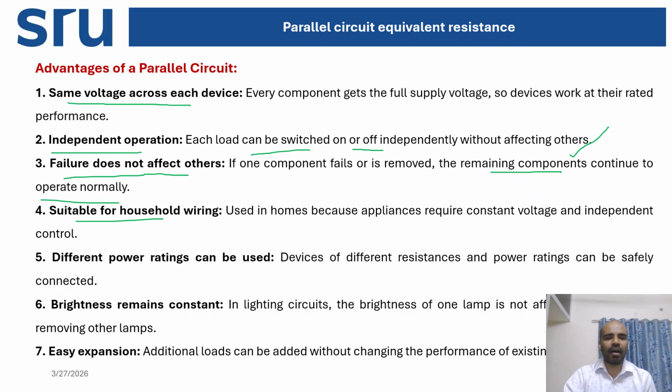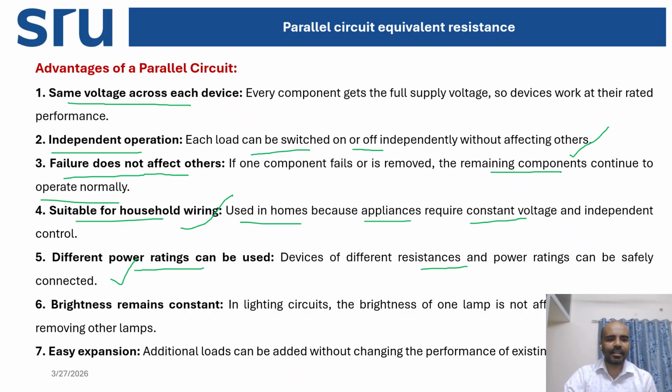So it is suitable for household wiring. In our house, the parallel circuit combination is used for wiring, because it supplies the same amount of voltage to each circuit element. If you apply circuit elements of different power ratings, they can be safely connected and can operate better when compared with series circuits.